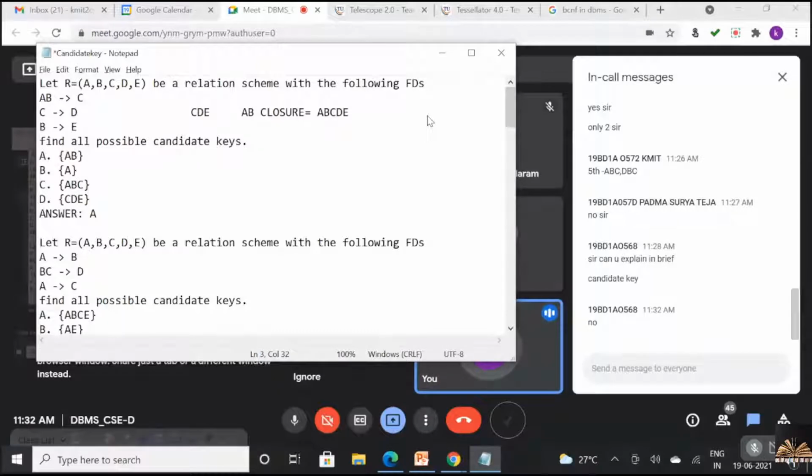Now I'll try to combine two attributes. AC closure is AC by reflexive property. Then C determines D. Anything else can be determined? Nothing. So this way I have to work with candidate keys. Is it okay?